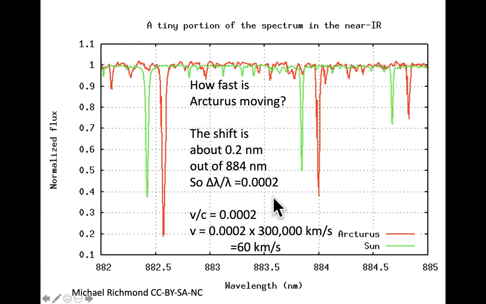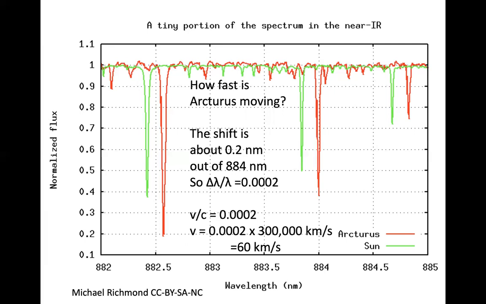Now the speed of light is 300,000 kilometers per second. Multiply that by 0.0002 and you get 60 kilometers per second. So Arcturus is moving at 60 kilometers per second relative to us. Note, Earth moves at 30 kilometers per second around the sun, so that's not necessarily unreasonable.